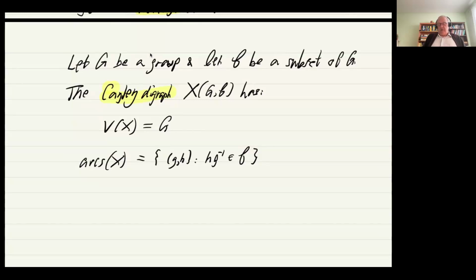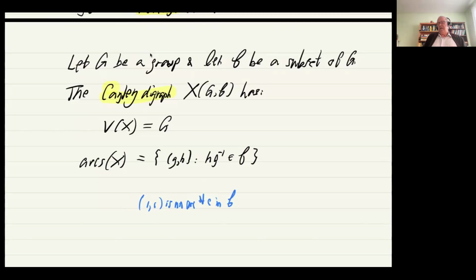So the way I've set it up is that the identity in G is going to be adjacent to c for all c in the script C, or more precisely, (1, c) is an arc for all c. So I'm just saying this matters, and you need to pay attention.